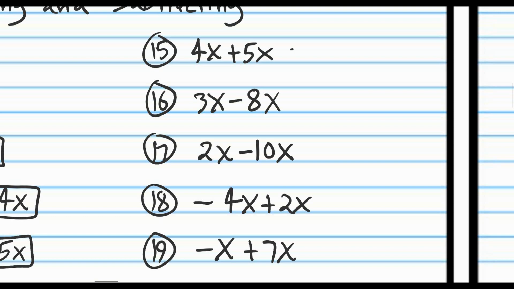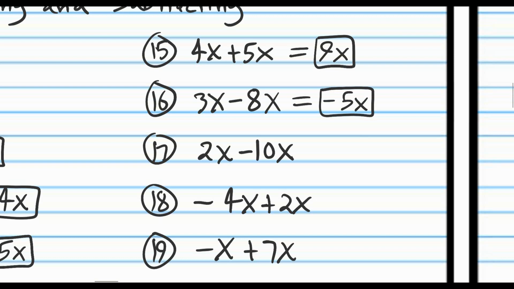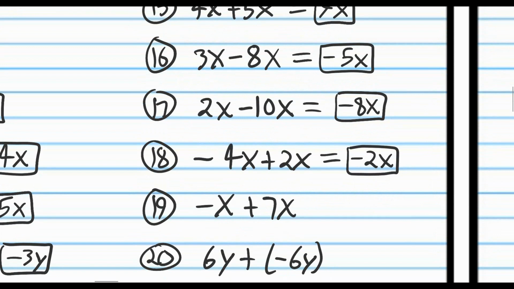All right, we're back. I'm just going to write the answers real quickly here. And this one here is a little bit different because we don't have a number here, but remember, if you don't have a number, it's assumed to be 1.